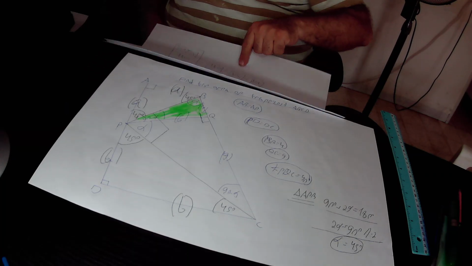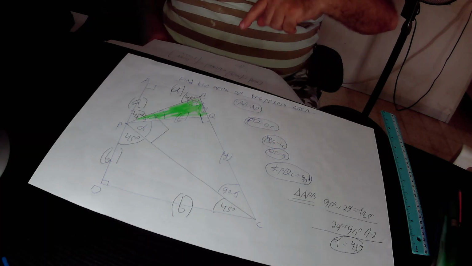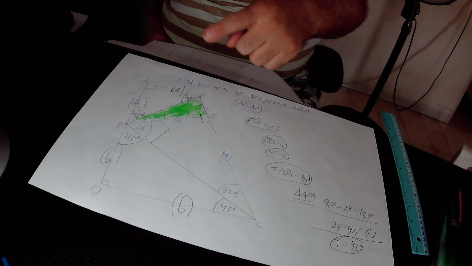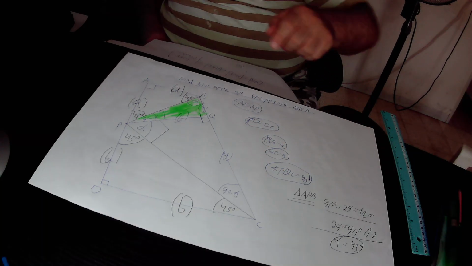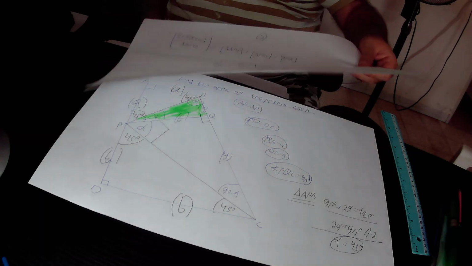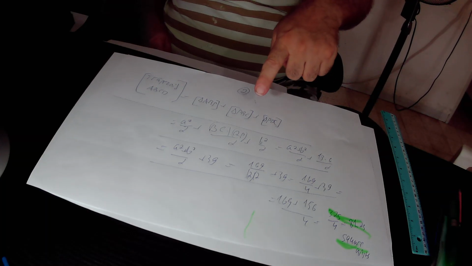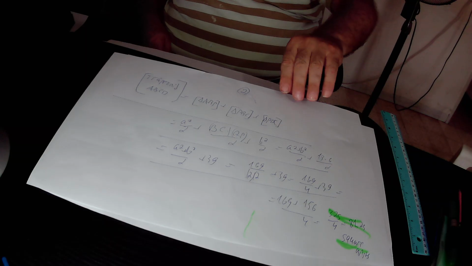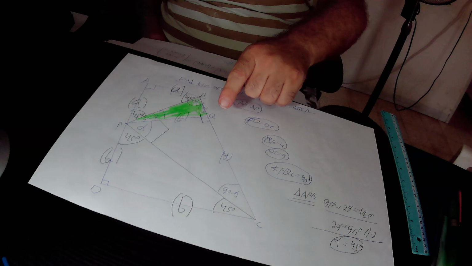Plus the area of the second component, the big triangle PBC. The area of any triangle equals the base times the height over 2. The base is BC, the height is QP. So the area of the big triangle PBC equals the base BC times the height QP over 2. Plus the area of the third component, the right triangle PDC.